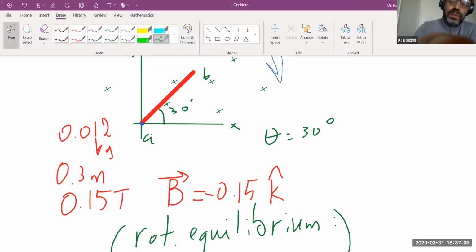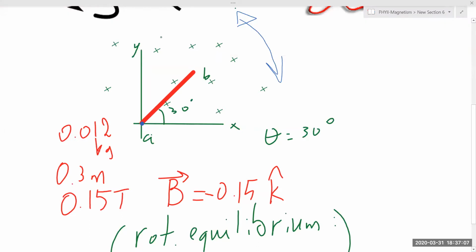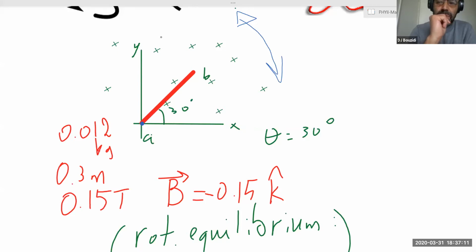Where am I going to put the gravitational force? Downwards, in the negative y direction. Where would I put the point of application of the force? At B? At A? Where the mass is, yeah. Is it going to be A where the gravity will act, or B, or somewhere in between?